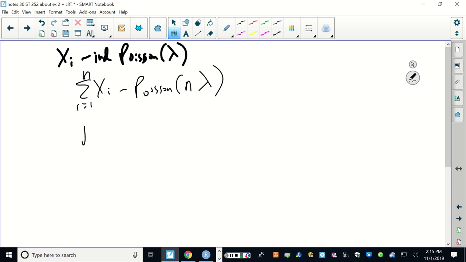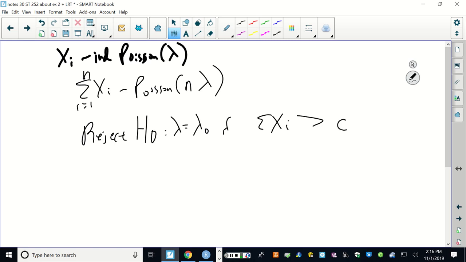And so we're going to reject h0 at lambda equals lambda 0 if the sum of the xi is greater than some number. Let's call it c prime. C prime is the complicated thing that we did. We just know that it has to be big. Let's make it greater than or equal just to make it simple, right?